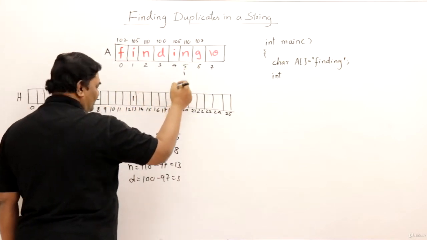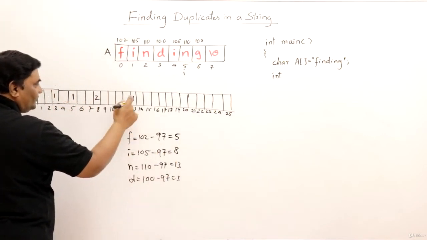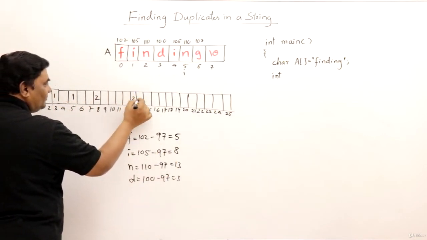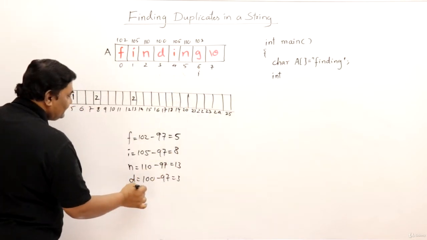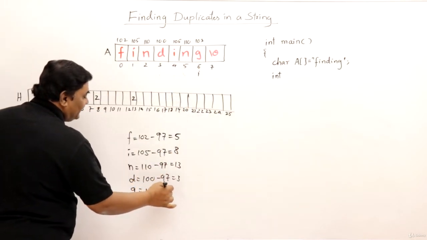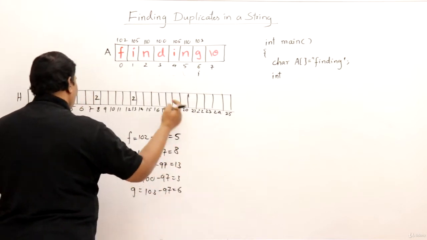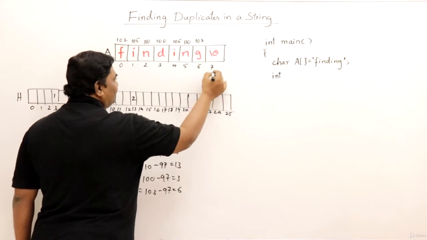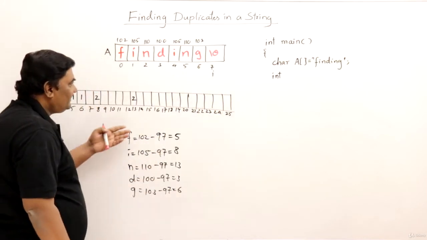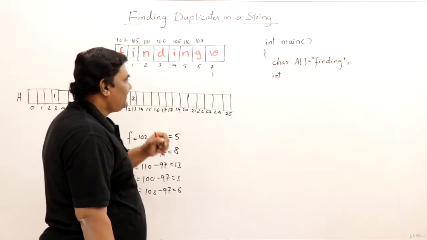The next N. 13. Go to 13. It's already 1. Make it 2. Then next is G. G's ASCII code is 103 minus 97. So this is 6. Go to index 6 and increment it. Then next is null. So that's all. We have finished the string.